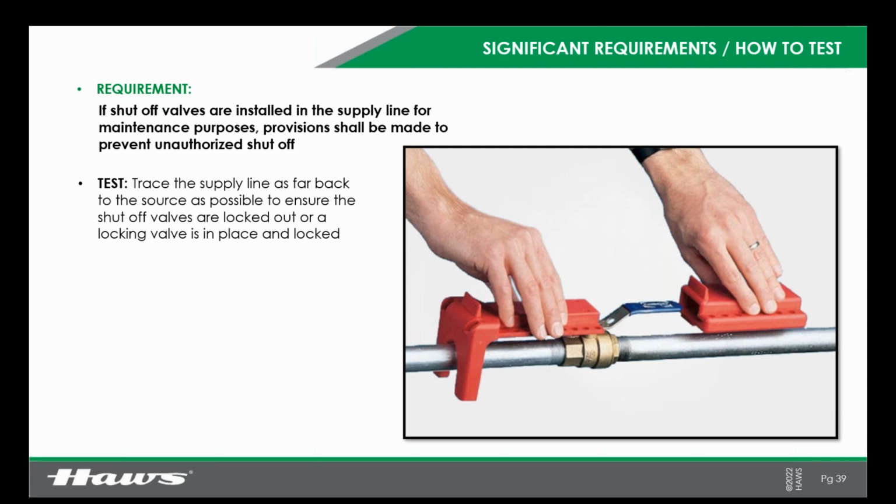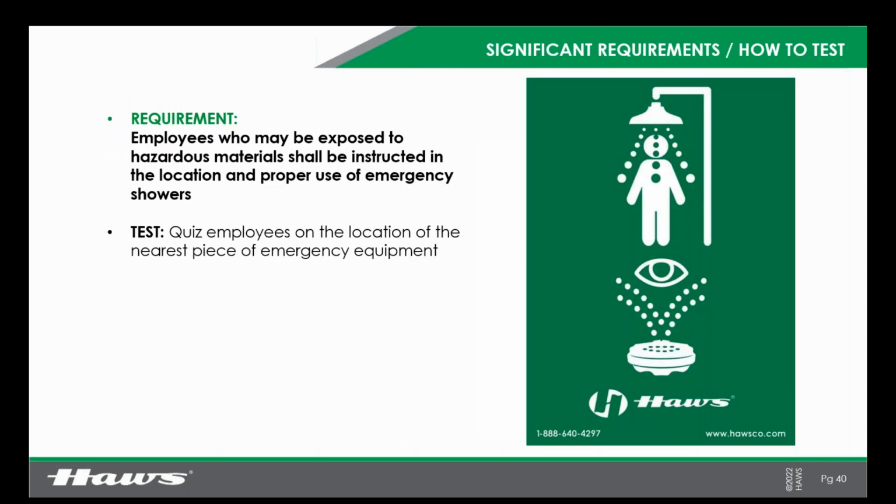You would not believe how frequently we find these where we activate the shower and there's no water plumbed to the unit or no water at the unit because the shutoff valve is in the off position. Okay, if there's a lockout or a lock in place, this holds the maintenance team and anybody else accountable for replacing that device and ensuring the valve is in the on position when they're done doing maintenance tasks and things like that. So trace the line back, make sure the valve is locked in the open position.